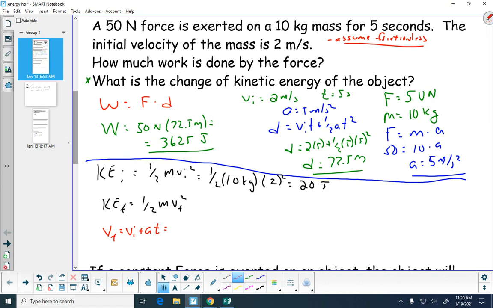Go ahead and calculate your final velocity, and then calculate your final kinetic energy.